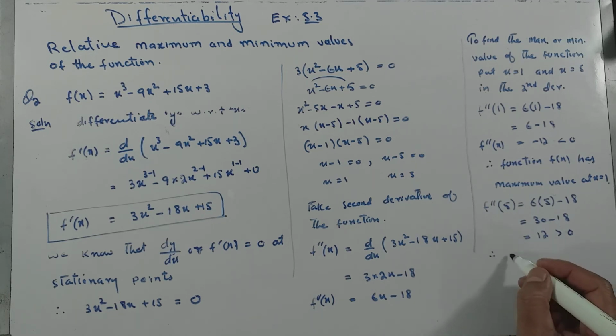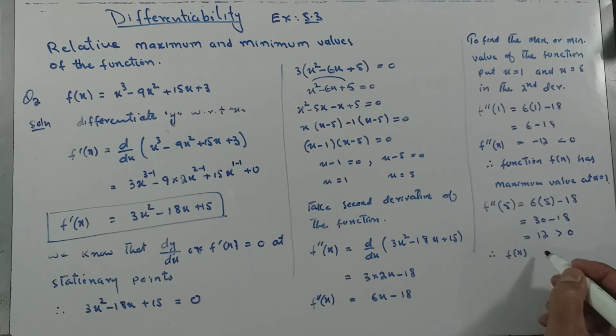Therefore, f of x has a minimum value at the point x is equal to 5.